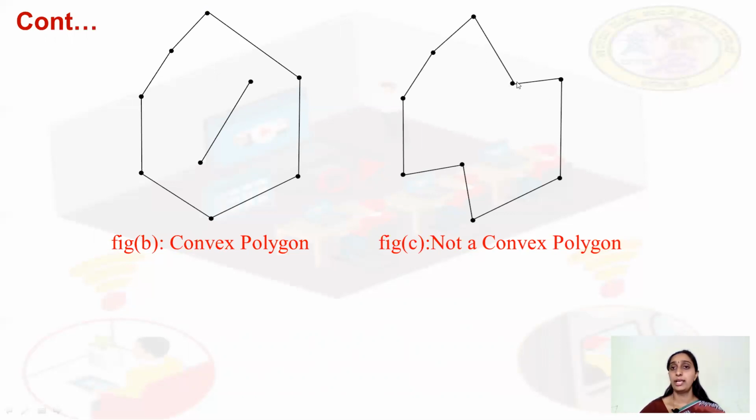So this is not a convex polygon. The convex polygon should be like this. No line segment forming the boundary of the polygon should enter inside the polygon. So this is a convex polygon and this is not a convex polygon.